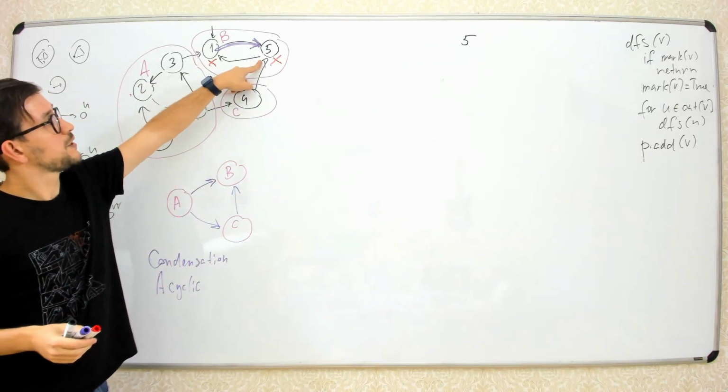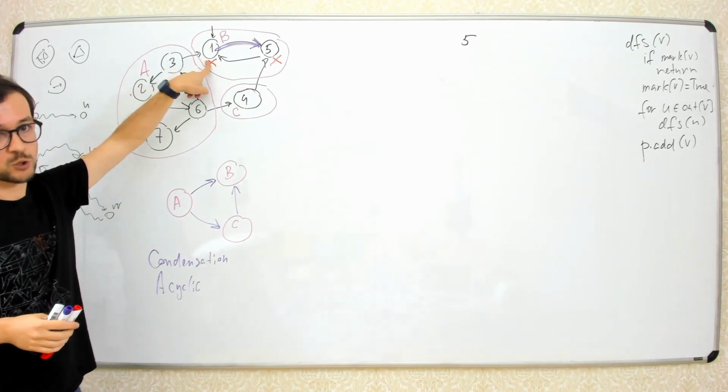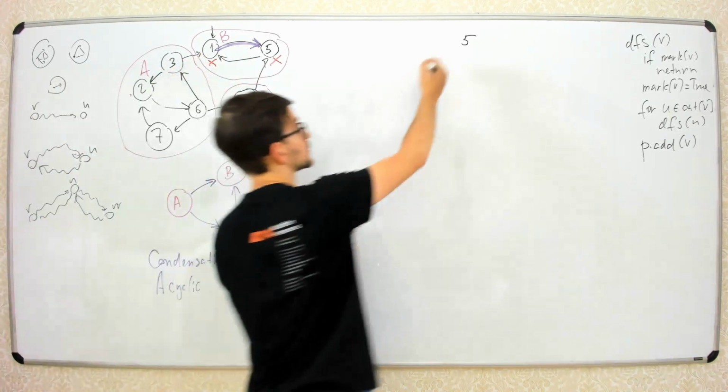Now I go back to node 1. From node 1 there's nowhere else to go, so I exit node 1 and add node 1 to the list.